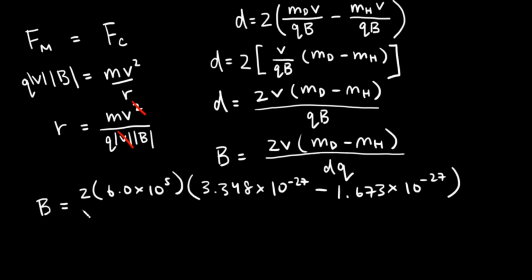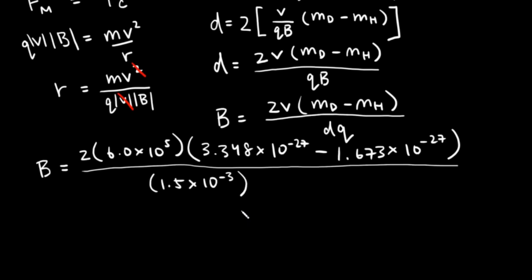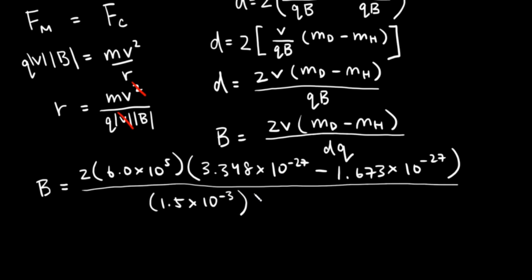So I'm hoping I'm doing this correctly. All divided by D times Q. So D, that's 1.5 times 10 to the negative 3. And Q is 1.6 times 10 to the negative 19. And you just plug this whole thing into your calculator. So I'm going to do it and see if I get the right answer. I hope I get the right answer.